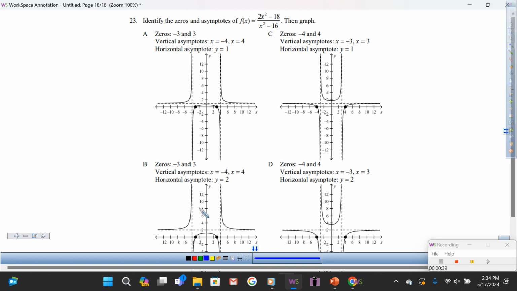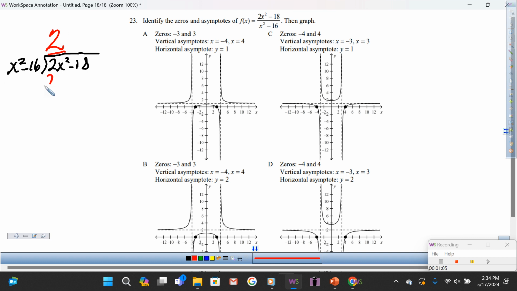So, let's write it over here on the side. 2x squared minus 18 divided by x squared minus 16. Question: what number times x squared gives us 2x squared? 2.